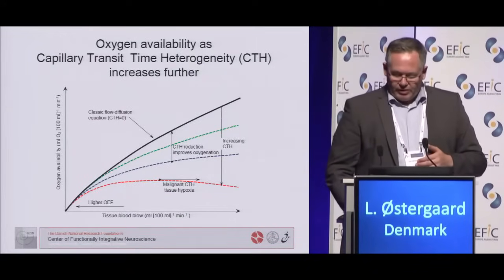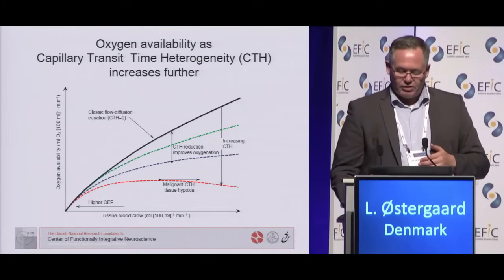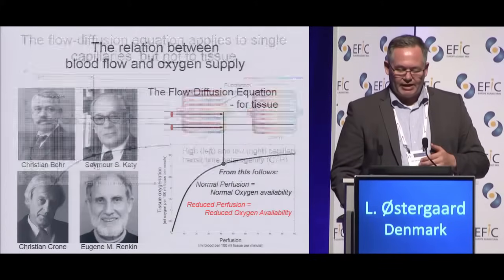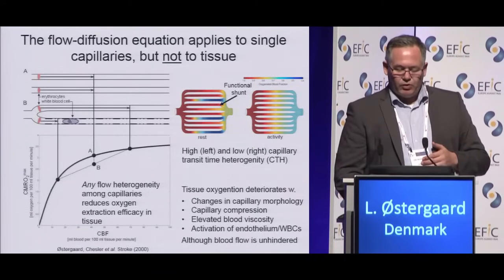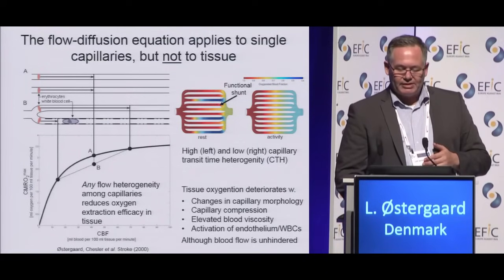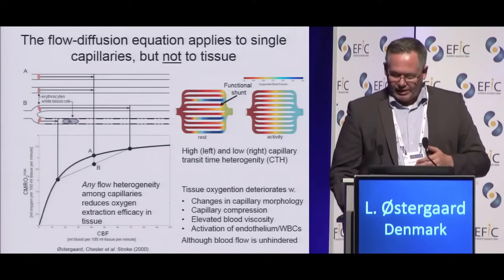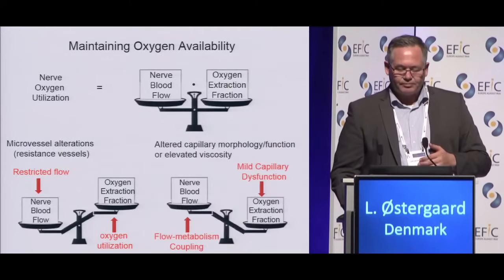So this phenomenon, and I showed in one of the previous slides how we quantify these capillary flow disturbances with a number, essentially the standard deviation of flows or transit times. So the more disordered, the higher this CTH parameter.